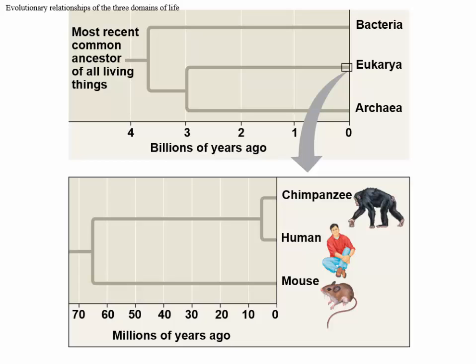At the very bottom is the base of the tree, which says most recent common ancestor of all living things. We usually call it last universal common ancestor, or LUCA, and that's about 4 billion years ago. And then about 4 and 3.8 billion years ago, bacteria started to show up from the last universal common ancestor.